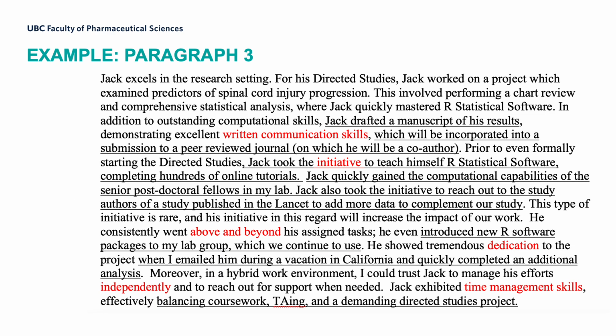The next few paragraphs are still addressing the selection criteria. I've put in red some specific selection criteria, like written communication skills, initiative, going above and beyond, dedication, independence, and time management skills.